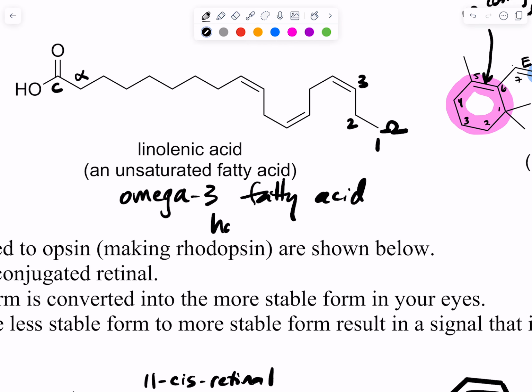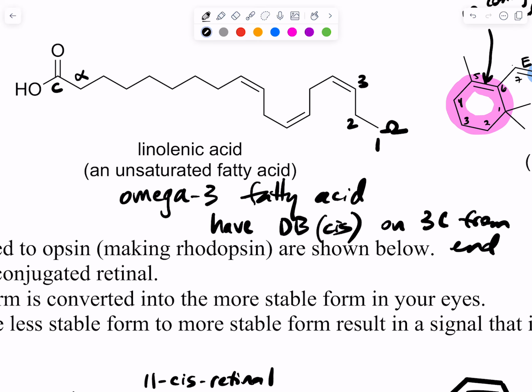Omega-3 fatty acids have a double bond, a cis double bond, on the third carbon from the end, counting inward, starting with 1 on the last carbon. The last carbon's omega-1, then the next one's omega-2, then the next one's omega-3. So omega-3 fatty acids have that double bond in that position.